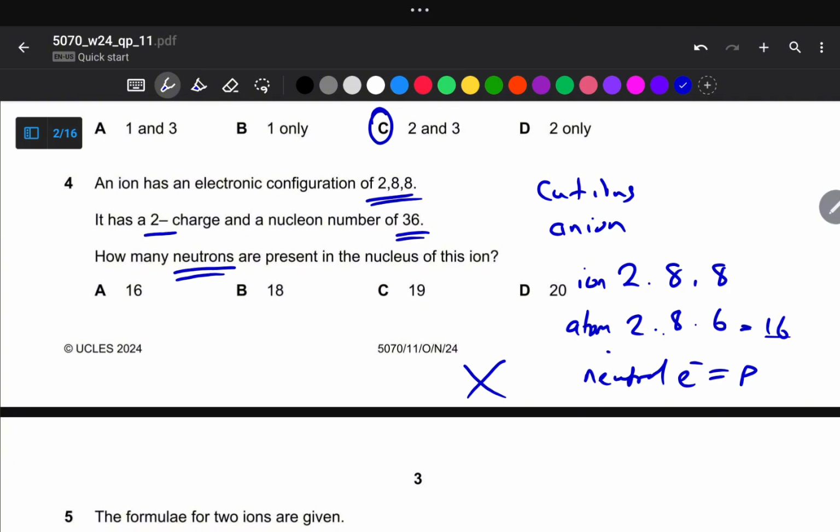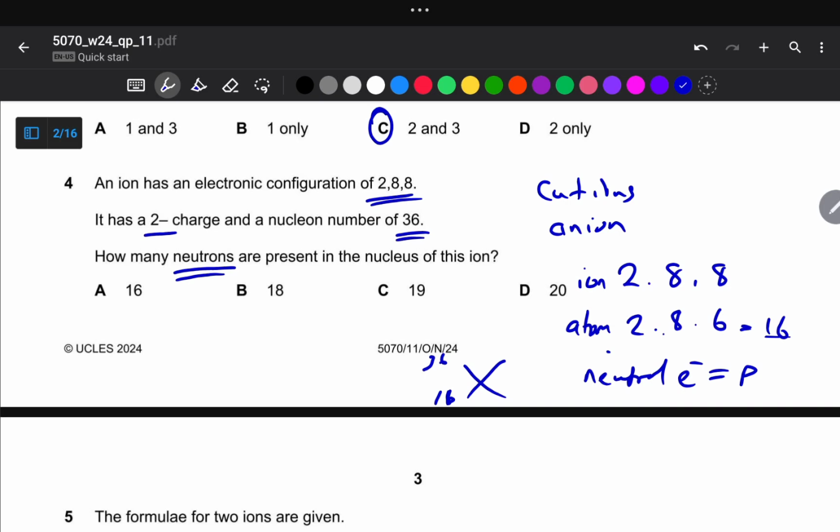So we have got 16 electrons, therefore we have got 16 protons. Are we together? The question says the nucleon number is equal to 36, so here we've got 36, the mass number. Are we together, guys?